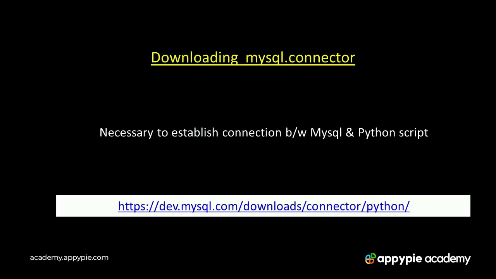Now the first thing you will have to do, before we write our first program of database programming, is downloading MySQL connector. MySQL.connector is a module which has to be downloaded from the internet, and the site is https://dev.mysql.com/download/connector/python, you can refer to it on the screen.